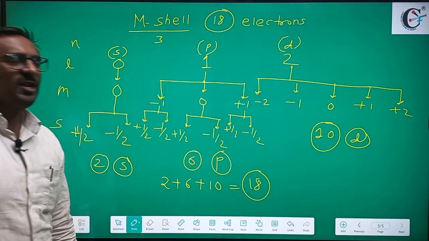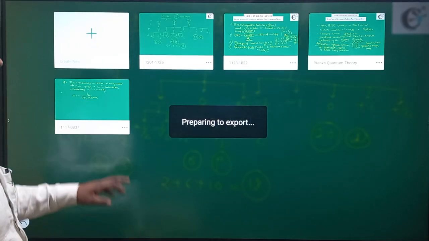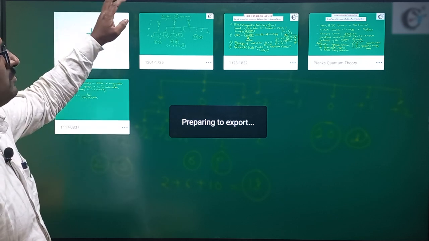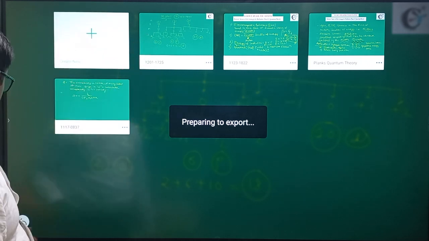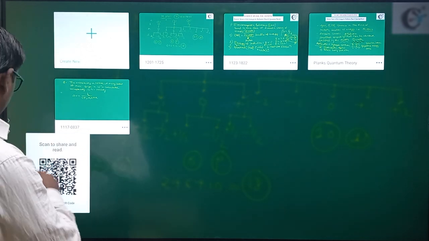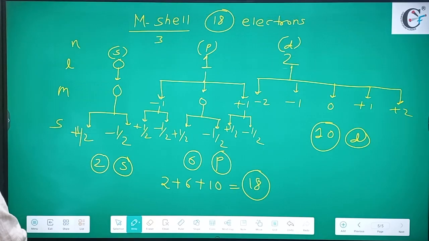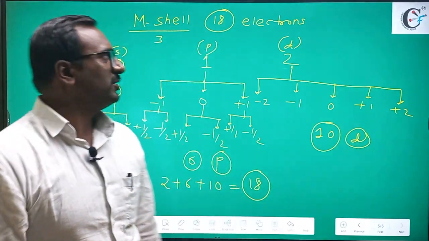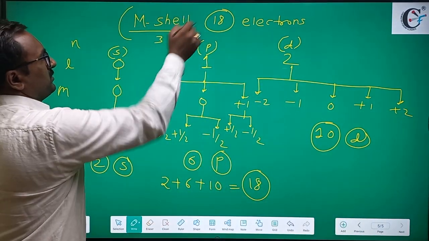In this way, 18 electrons are distributed in the atomic orbitals of the M shell.